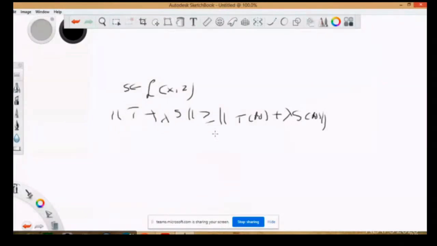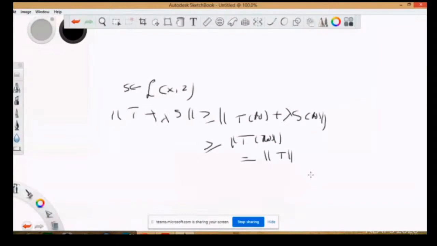Take any S in L(X,Z) and look at the norm of T plus lambda S. To show the orthogonality, that is bigger than or equal to its value at the unit vector x naught. So I write it as T(x naught) plus lambda times S(x naught).